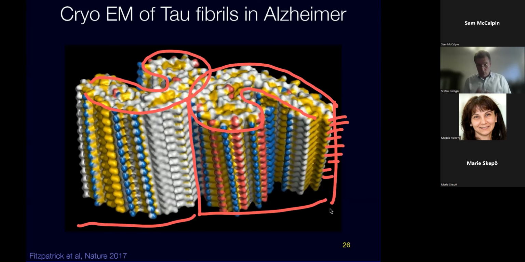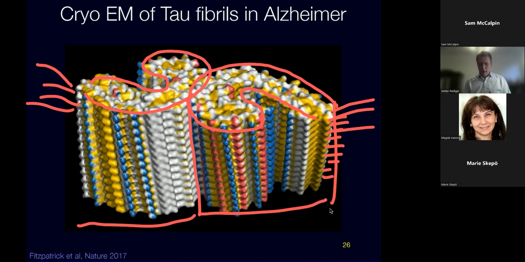In the previous talk, you have heard about intrinsically disordered proteins. In fact, tau is an intrinsically disordered protein. It only adopts a shape when it does form these fibrils, but the largest part of tau is still hanging outside. So basically at the N terminus and at the C terminus, we have long stretches of disordered parts of the protein.